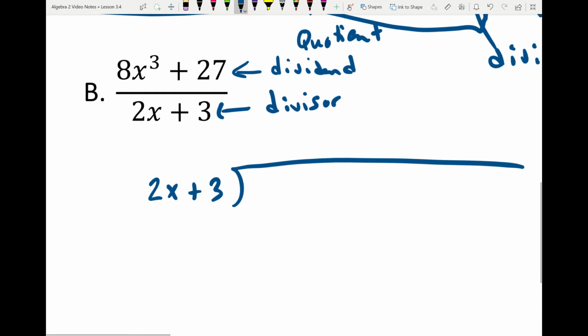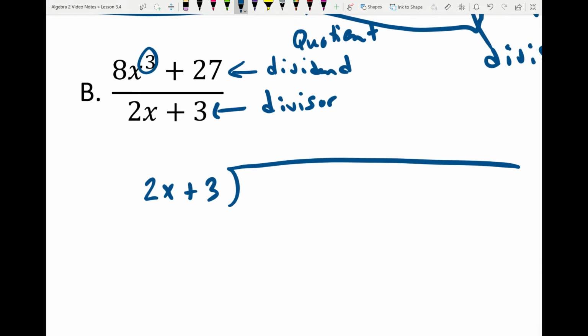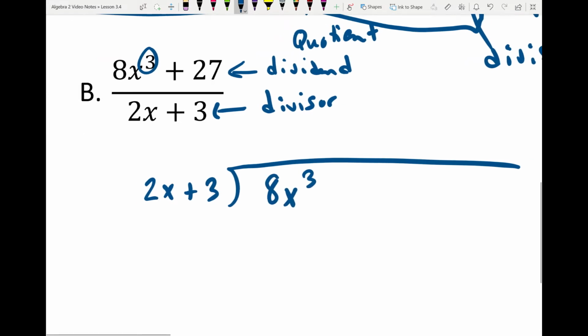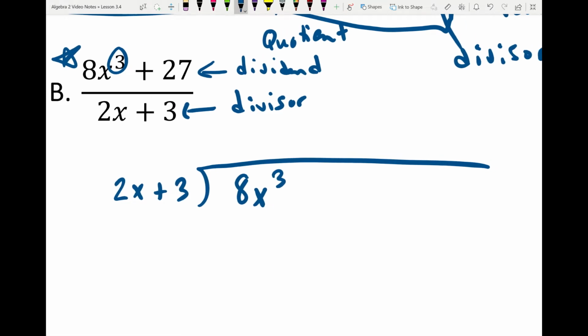In this case, we have a 3 power, but we have no x squared power and no x power. So we're going to put placeholders for those. We have 8x cubed, and this is the part that is key here. Since we're missing the x squared, we're going to write that as 0x squared.